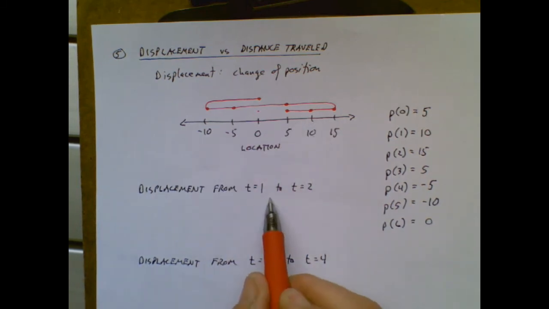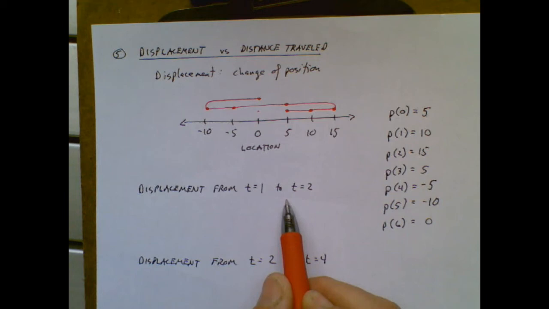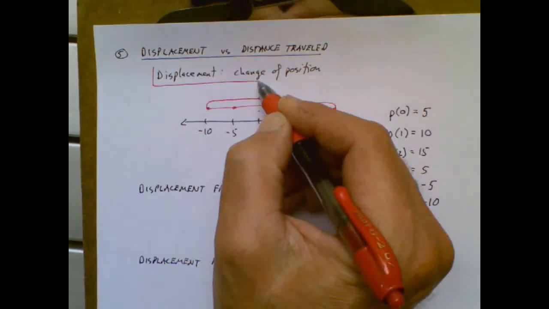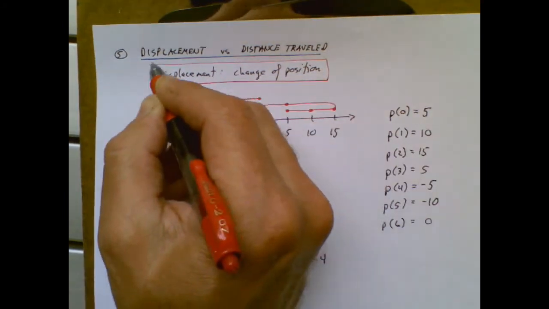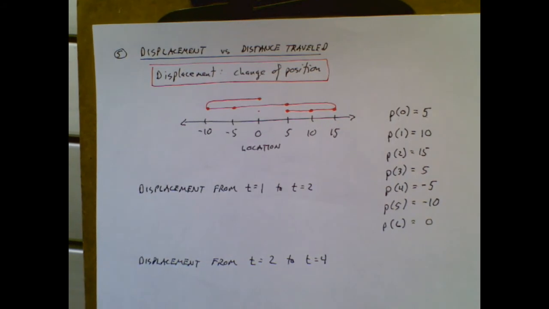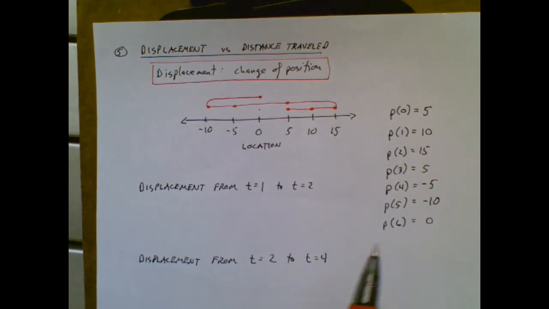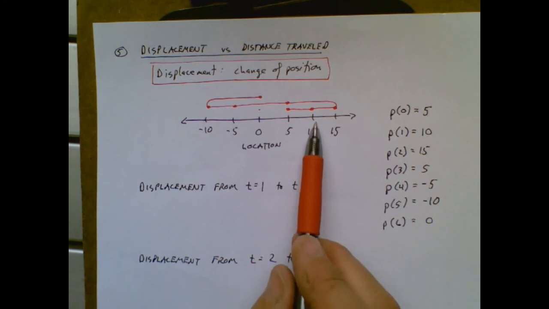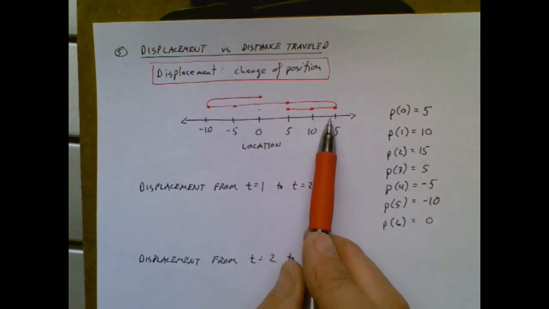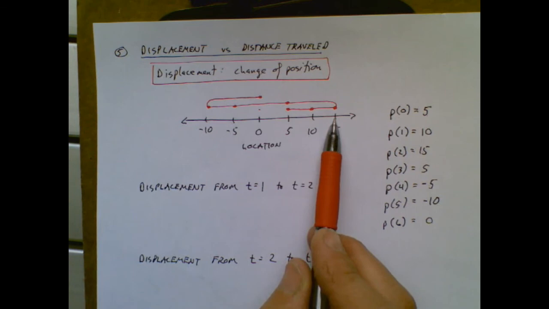And so now if I want to know the displacement from t equals 1 to t equals 2, I simply think about this idea. Displacement is change in position. So at time 1, it's at position 10. At time 2, it's at position 15.